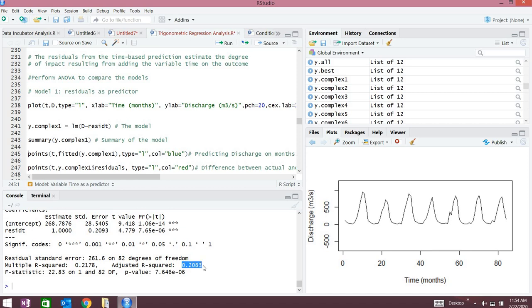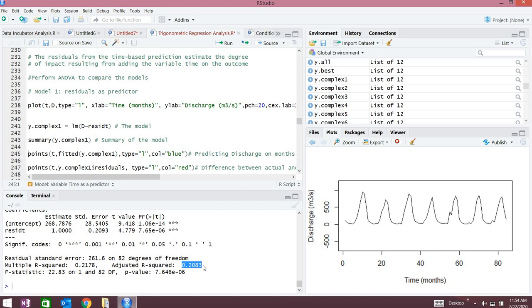The time here itself explains about 21% of the variability of the discharge. So it's pretty good, 20%, 21% of the variability of the discharge is explained by time, and then by the variation of season, rainy season, dry season. That's a lot.